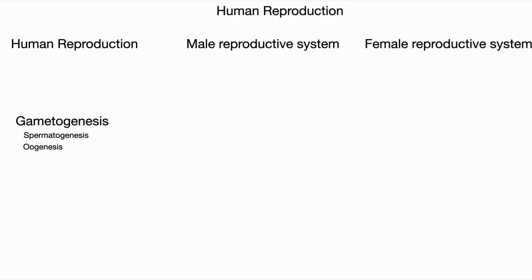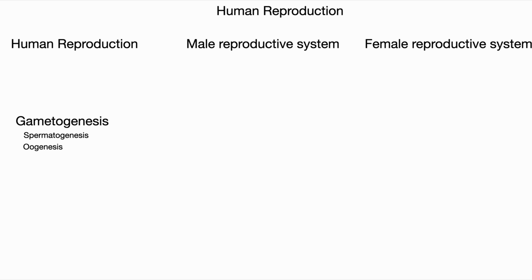This gonadotropin releasing hormone acts on the anterior pituitary, releasing two hormones. One is luteinizing hormone and the other is follicle stimulating hormone. These are released into the blood and they travel to the testis.